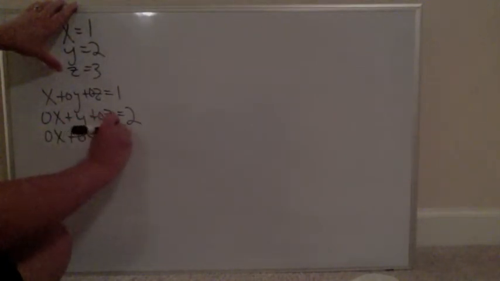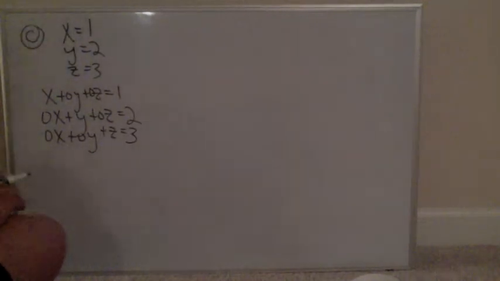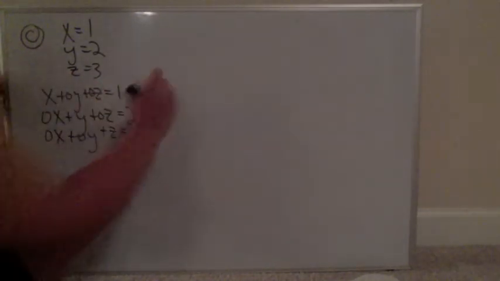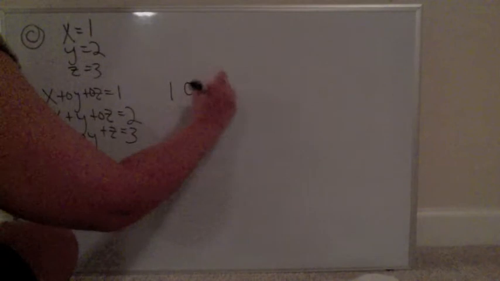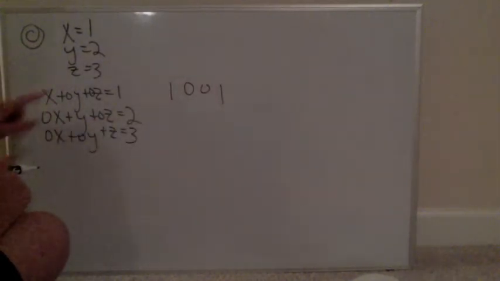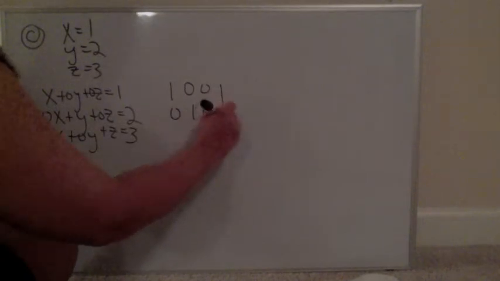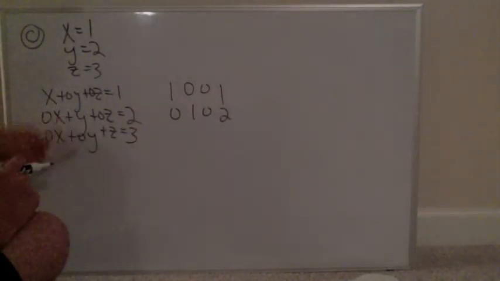There's one z, and that's equal to 3. Okay, so now we'll set up our matrix. The first row is 1, 0, 0, 1. The second row is 0, 1, 0, 2. The third row is 0, 0, 1, 3.